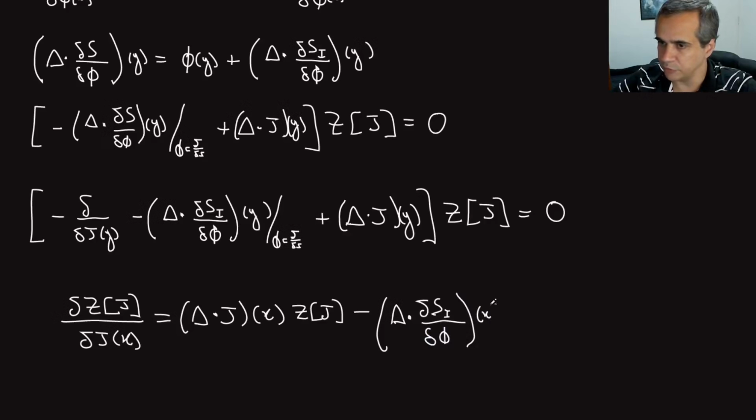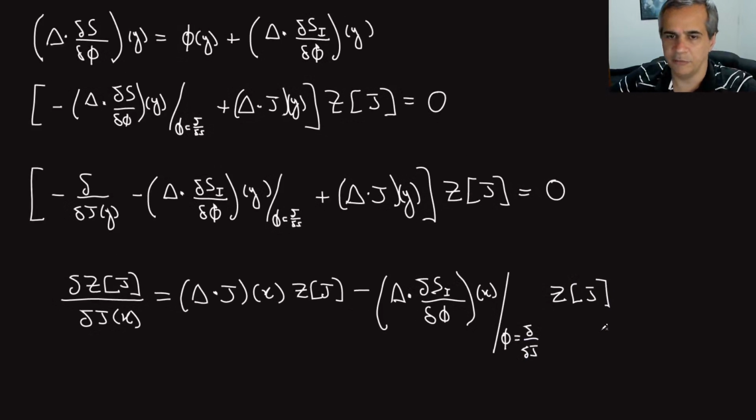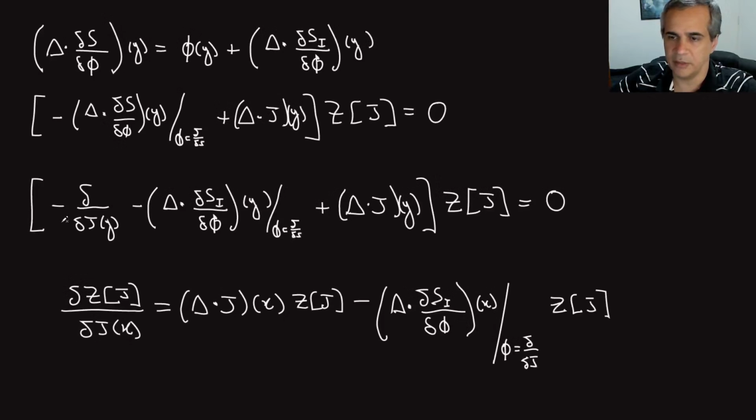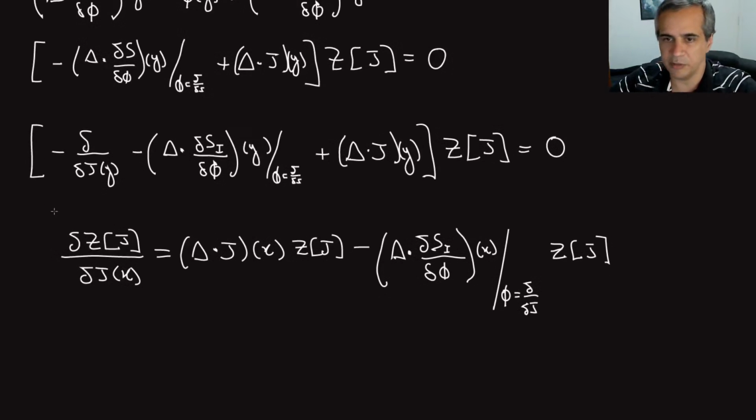All of this is a function of x, and I have to replace phi by derivatives in the source, acting on z of j, which is a fairly important equation. Let me put a box around that.